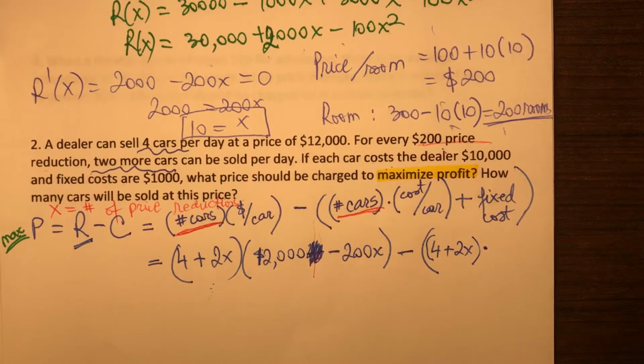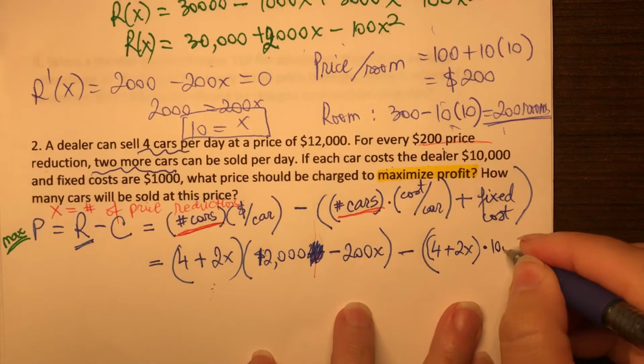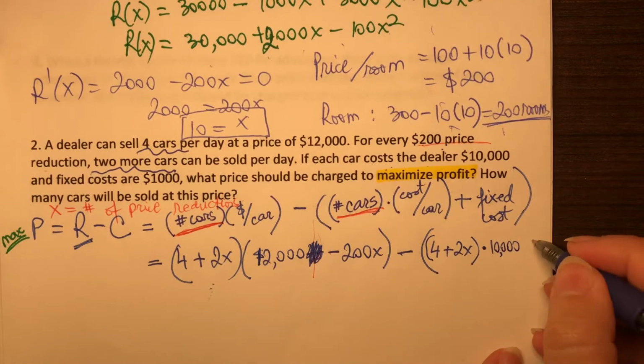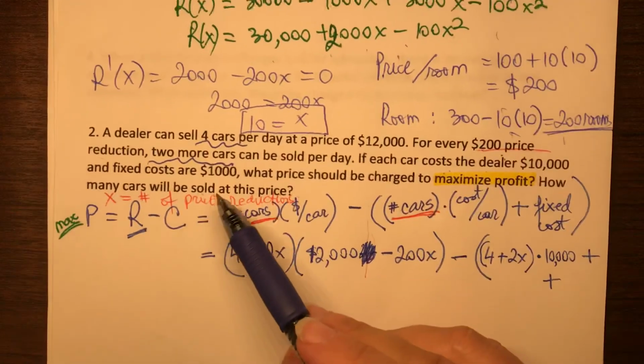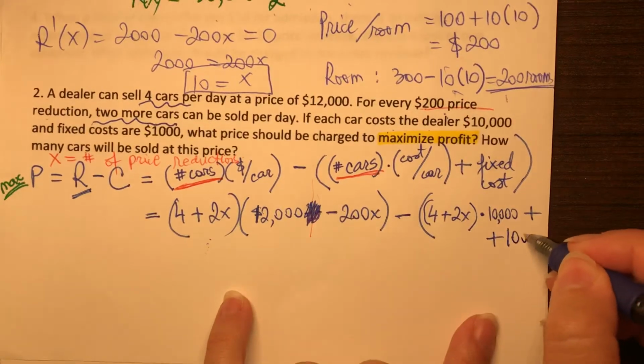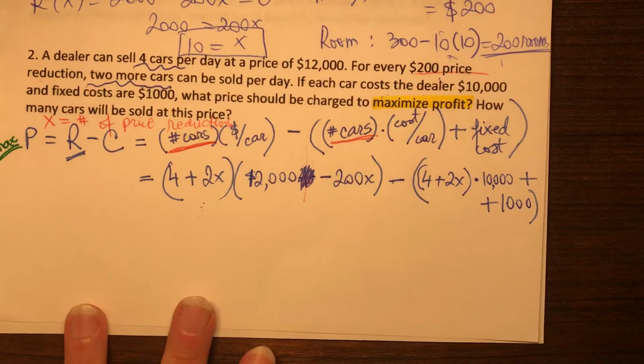He might have had a deal on the other end where he purchased the cars from the manufacturer, but the dealer got the deal of $10,000 per car. Yes? Okay. Plus, one more thing to add on here, there's fixed costs, right? So the fixed cost to the dealer, no matter how many he ends up selling, is $1,000.